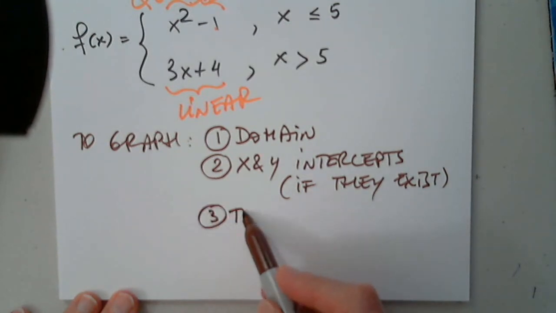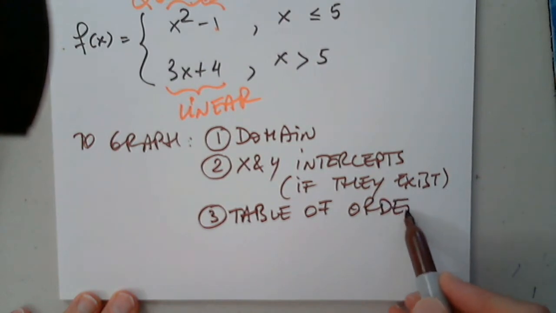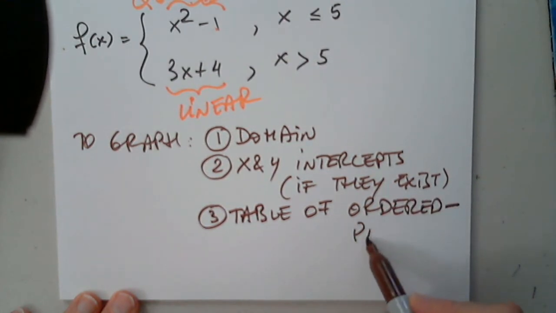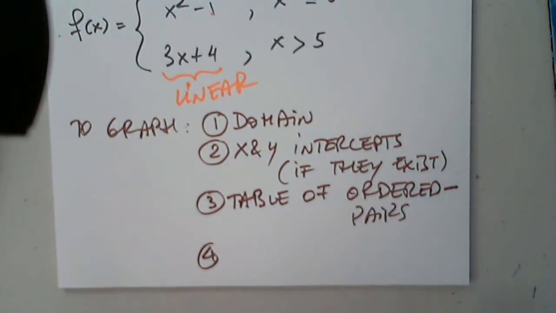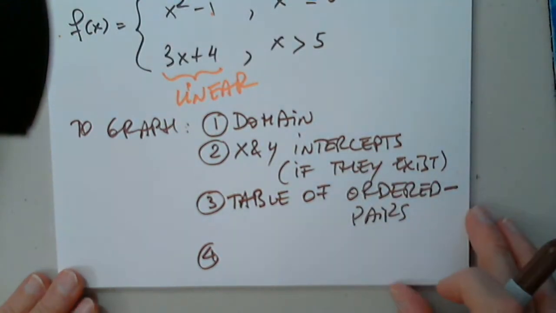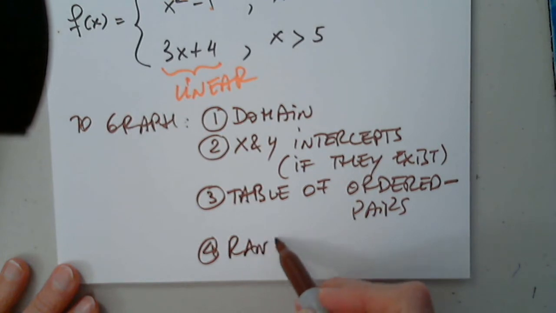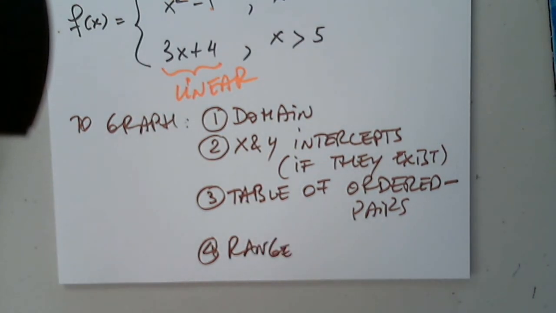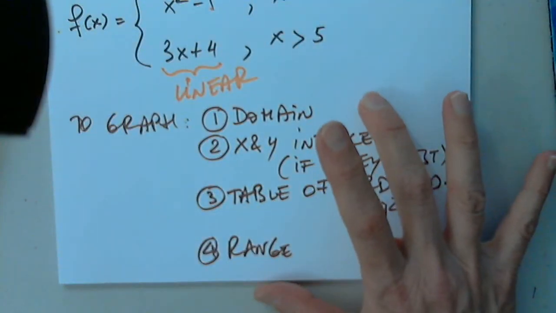Number three, table of ordered pairs, used to graph the function. Number four, range. Of course, if the function has asymptotes or other things, it's a different story, but these are the main steps. So we can add on depending on the function, but for a piecewise defined function, that's what we need.